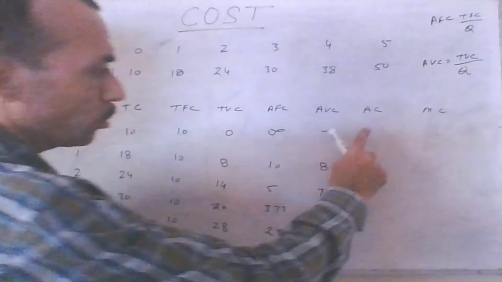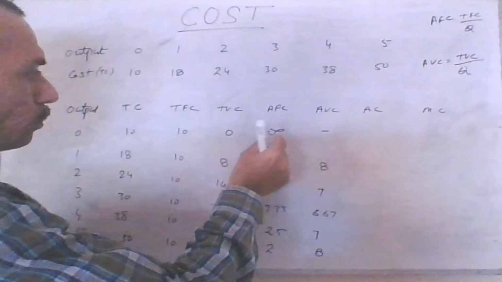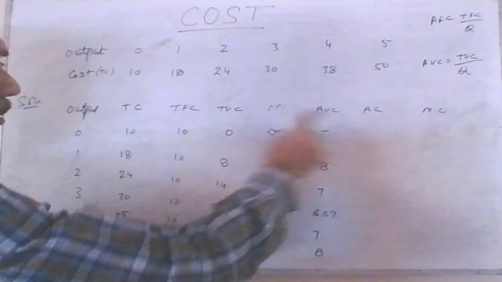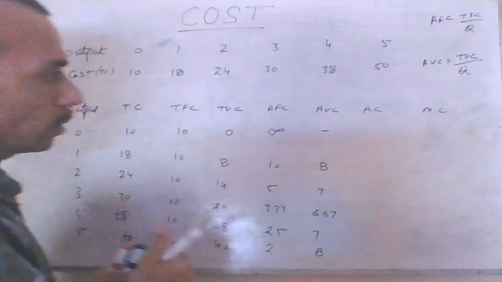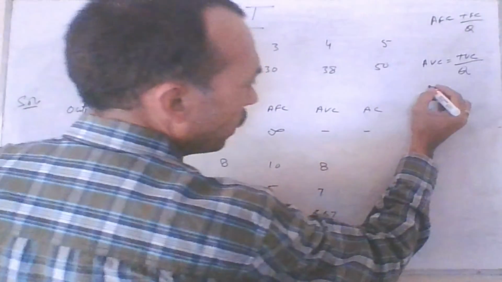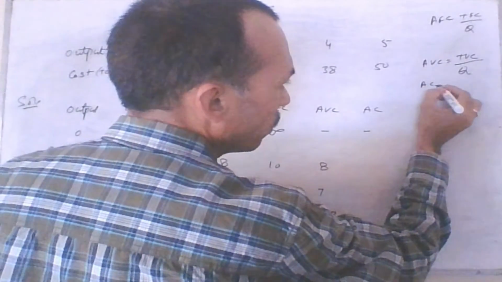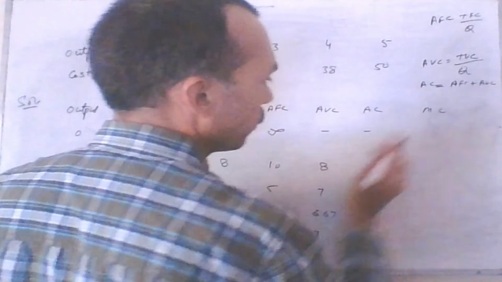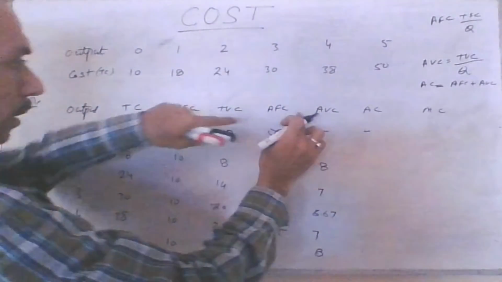Now average cost. Average cost is simply the summation of AFC and ABC, or you can say AC equals total cost divided by output. AC equals AFC plus ABC.